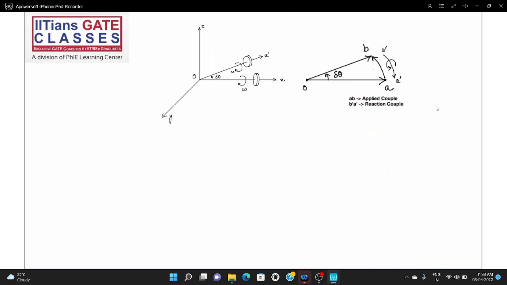So the reactive gyroscopic couple will be opposite, that is from B to A, or you can simply say B dash to A dash. This is the reactive gyroscopic couple.